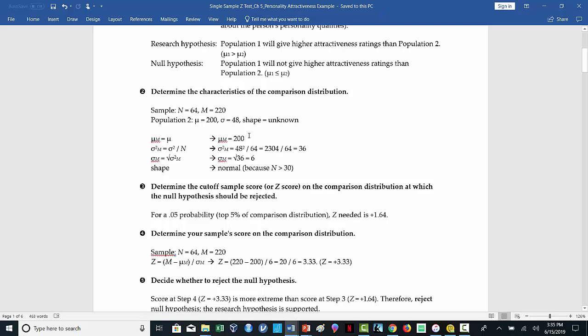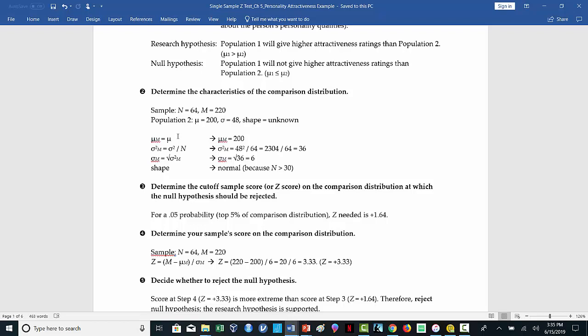And so rule one about how we estimate things about the distribution of means is we assume that the distribution of means related to population 2 is going to have the same mean. So the distribution of means is still going to have a mean of 200, just like the population.